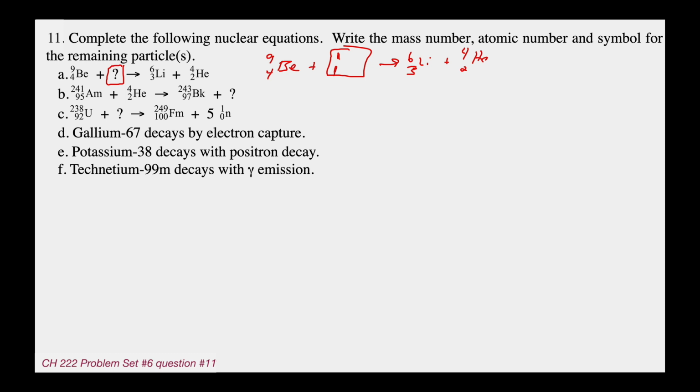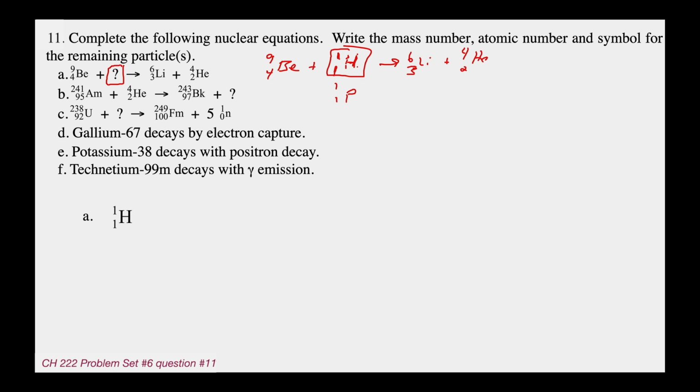So in this problem, when you have a lower left-hand number of 1, you can look on the periodic table and just call it hydrogen, and that's totally fine. Sometimes in this chapter, instead of calling it just hydrogen, they'll call it a proton with the symbol P, and honestly, that's fine too. So any way you do this, you should see that a hydrogen is the missing piece.